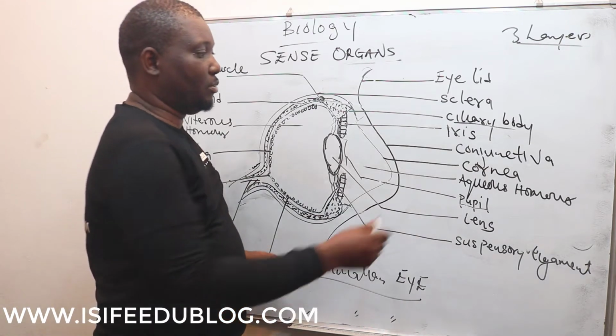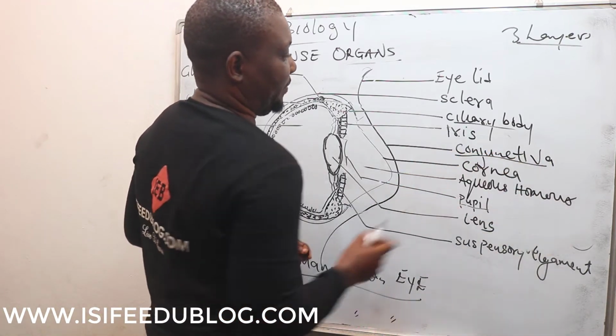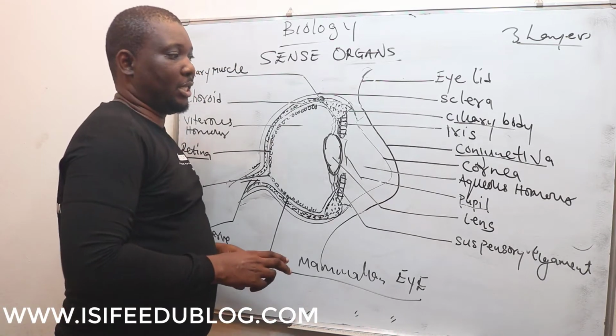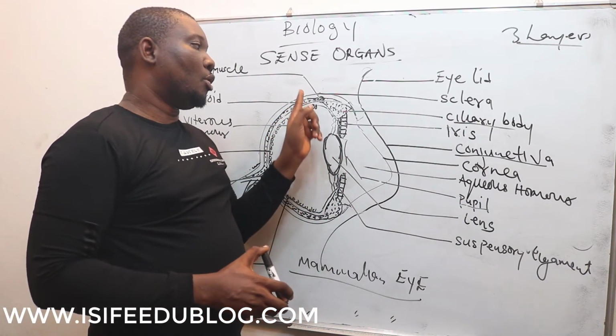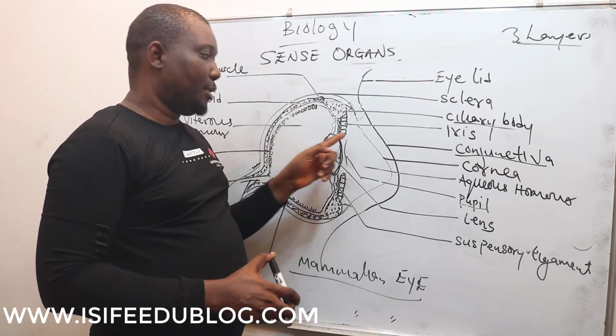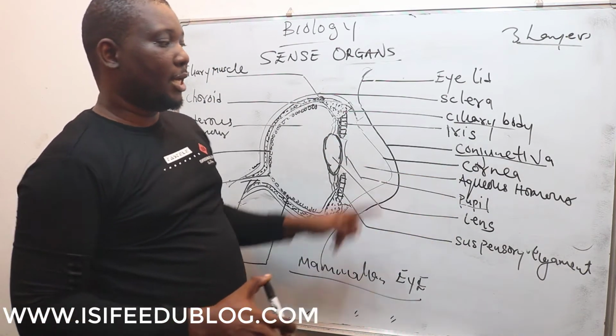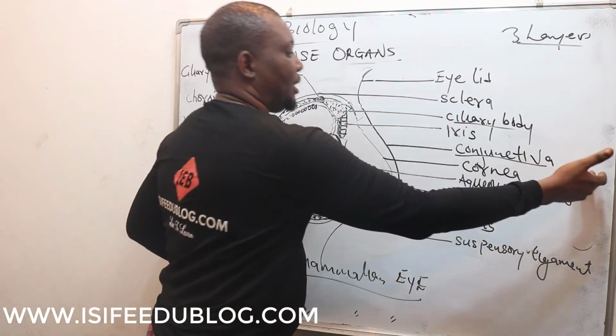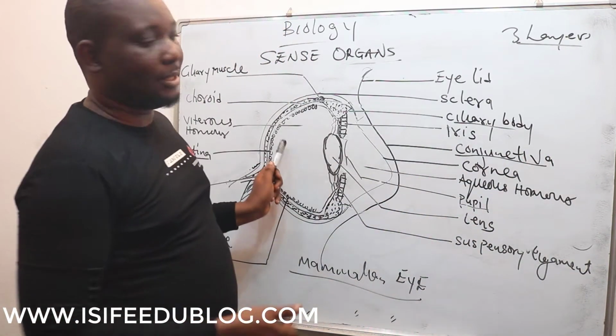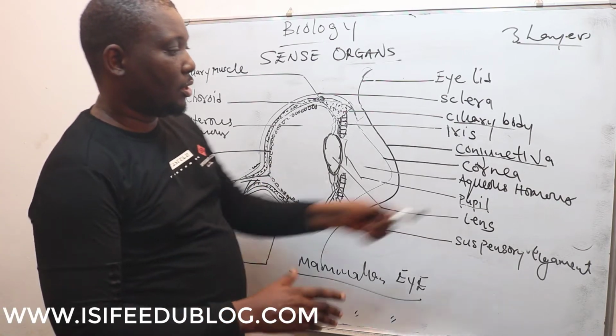Most especially, you must know about this structure here, the conjunctiva. I've said it before. The conjunctiva protects the cornea, since the sclera protects other parts of the eye but doesn't protect the cornea. The cornea is the most transparent part of the eye through which light rays enter the eyeball.